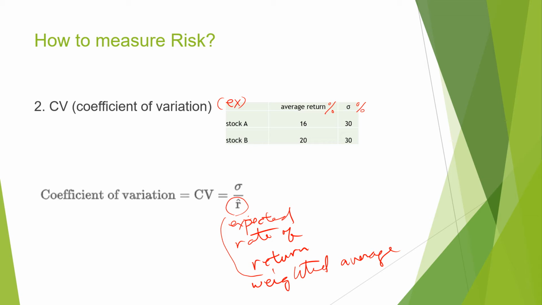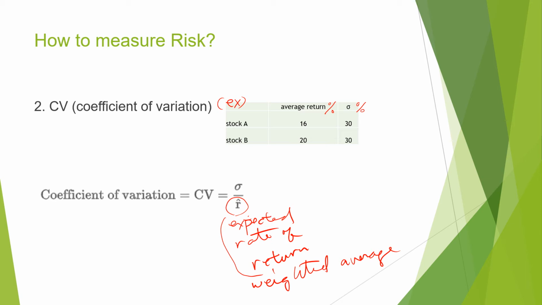Stock B's average return is 20%, and then standard deviation is 30% also. Should we say stock A and stock B have the same level of risk? Well, that's very hard to say that because their average returns are different, right?